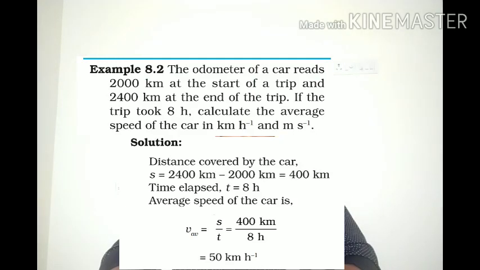The total time taken is 8 hours. Now, how do we find the average speed? Total distance by total time. The total distance was 400 kilometers and the time was 8 hours. So we find the average speed as 400 by 8, which is 50 km per hour. This is how we calculate numericals for average speed.